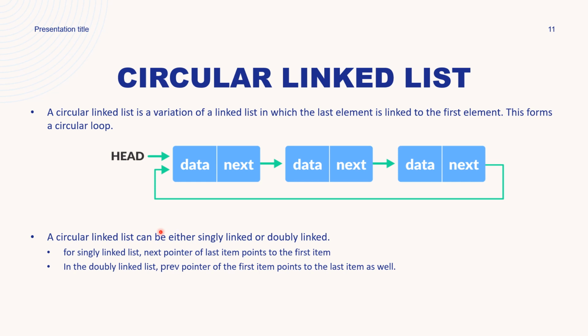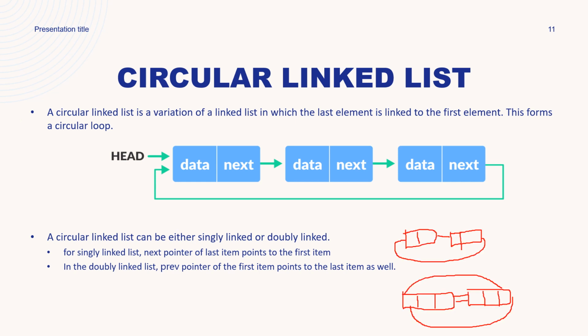Actually, a circular linked list can be either a single linked list or a double linked list. As I have told you, for a single linked list the next pointer of the last item points to the first item. Let me explain with an example. Suppose there are two nodes connected with each other. The next pointer of the last node is connected to the head node.